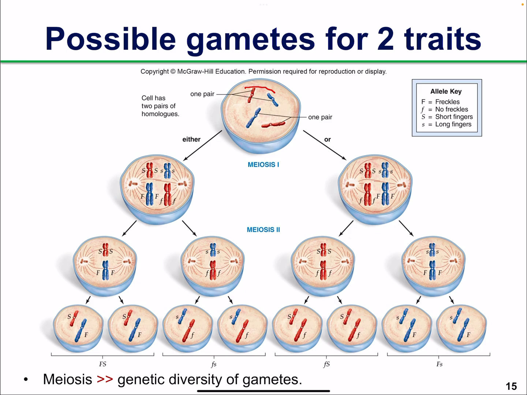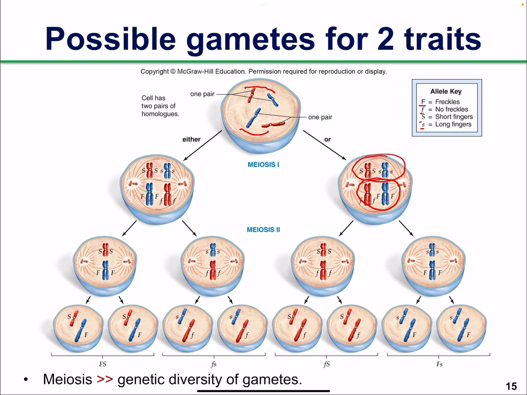A chromosome set that we're going to call set number 2 is carrying another trait, right? Say, for instance, freckles and short fingers. Short fingers, long fingers is going to be carried by one set of homologous chromosomes, while freckles, no freckles, is going to be carried by another set of chromosomes, right?